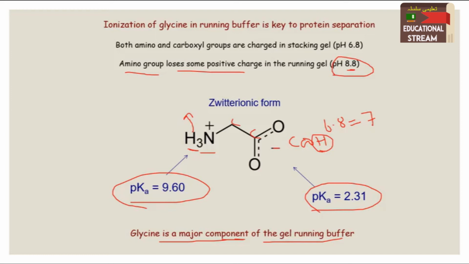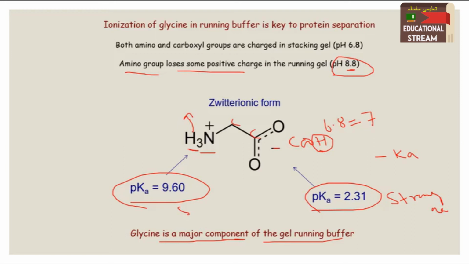It is actually the negative log of Ka. So if the pK value is lower, it indicates a strong acid, just like a low pH strong acid, and if the pK value is more, it means that it is a strong base. So the pK value is one method which is used to indicate the strength of an acid or a base.